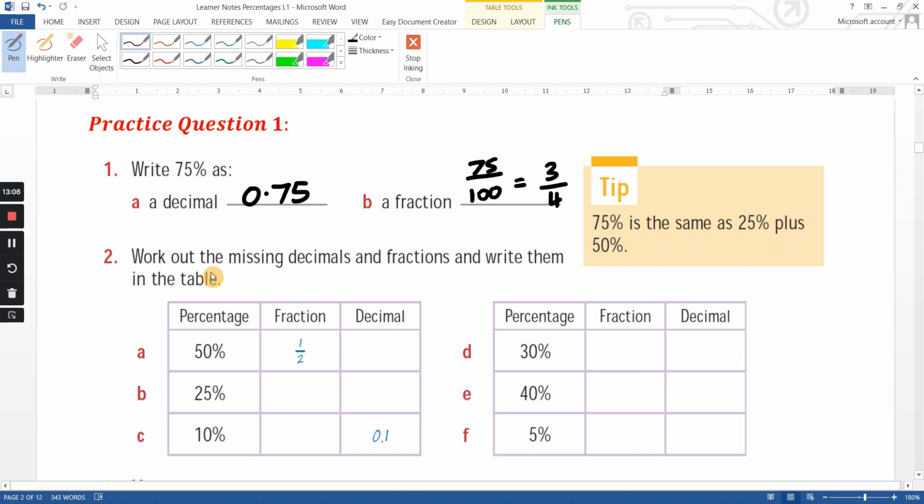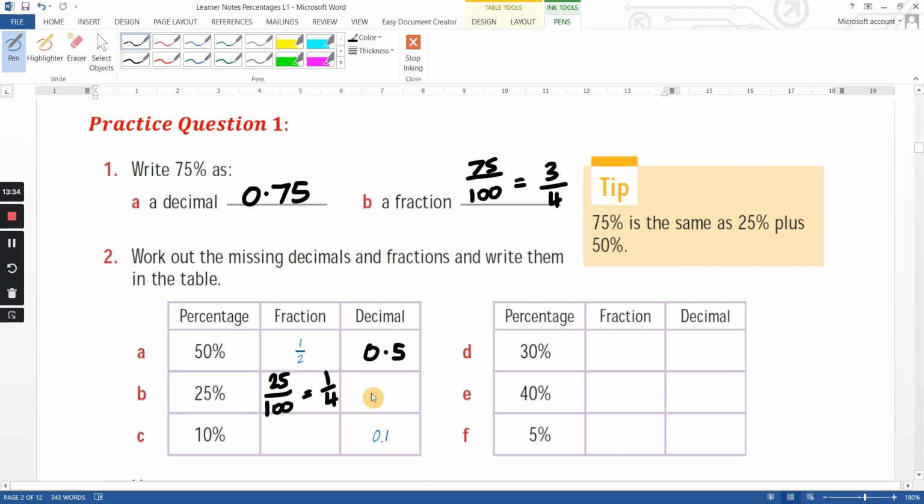Then it says, work out the missing decimals and fractions and write them in the table. We've already got a few in there that they've written. So 50% is the same as 0.5. As a fraction, you could have done 25 over 100 for 25%, which simplifies to a quarter. Either this or this is perfectly fine.